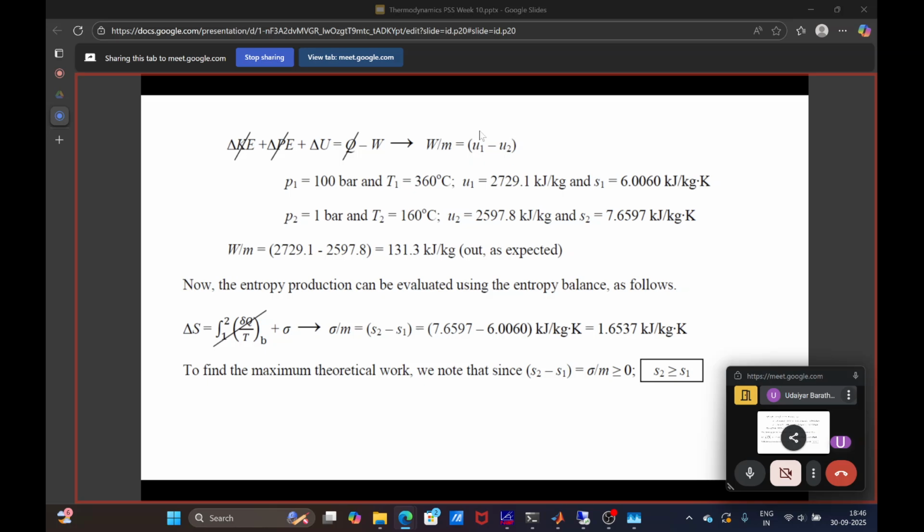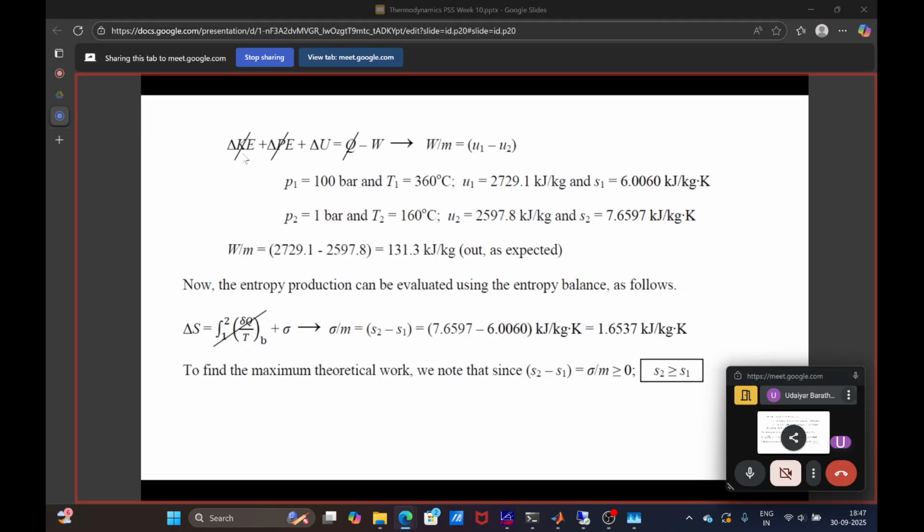So this is your first law. Then P1 equals 10 bar and T1 is 360 degrees Celsius, which is given. So corresponding to this, U1 is 2729.1 kilojoule per kg and S1 is 6.006 kilojoule per kg Kelvin.